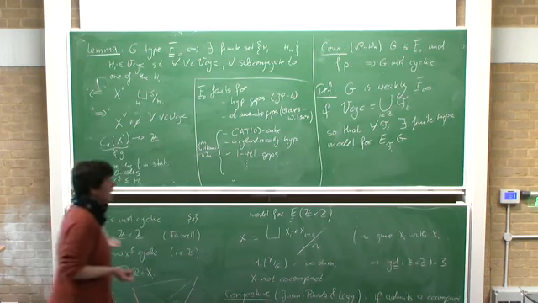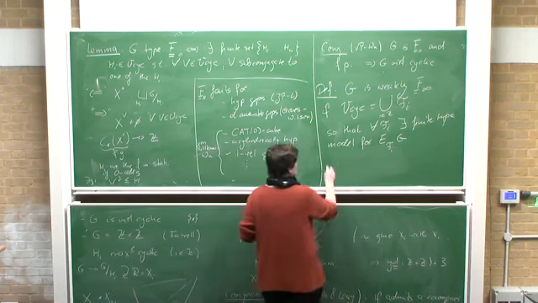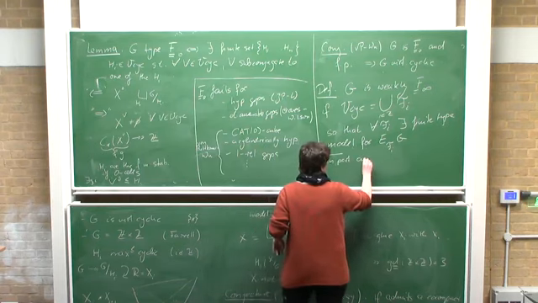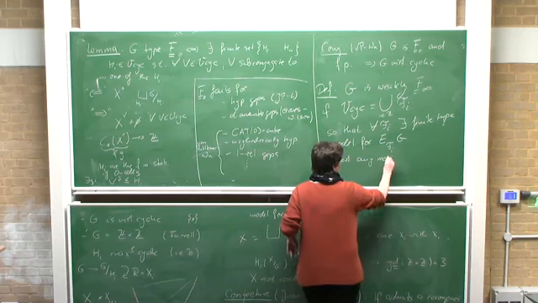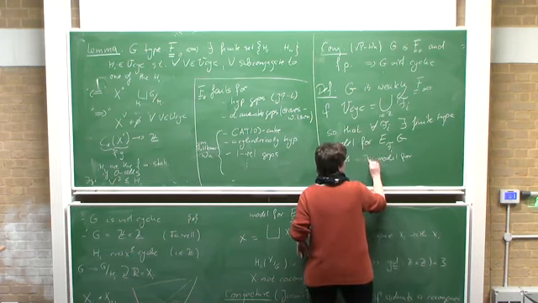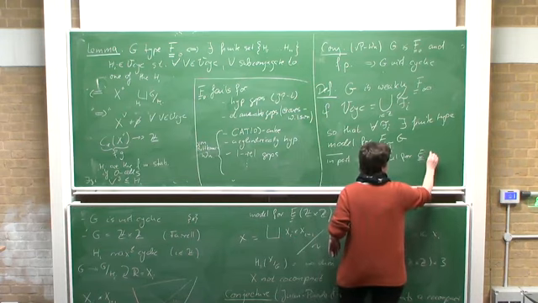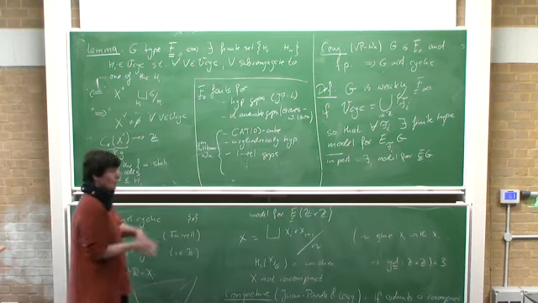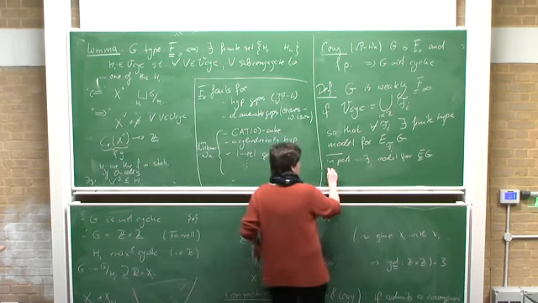So in particular, there exists a model of E bar G, which is a cocompact model, which is a colimit of cocompact models for smaller families.